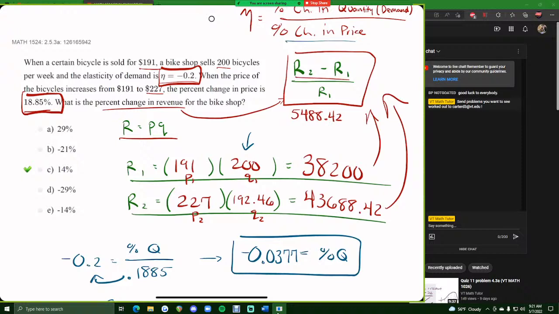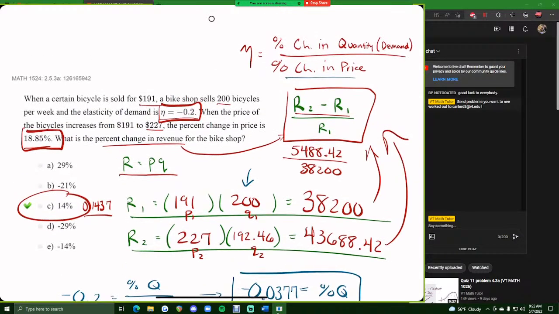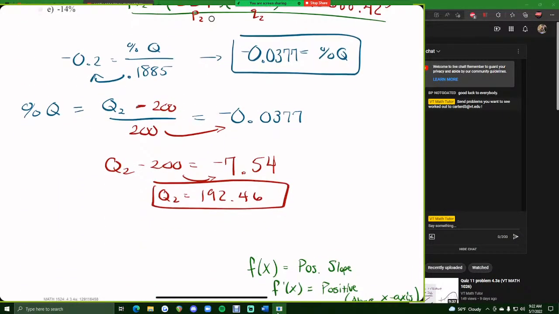That's R2 minus R1. We divide that by R1, 38,200. That gives us 0.1437. As a decimal, it's 0.1437. As a percentage, that is 14%. And that's the whole process.